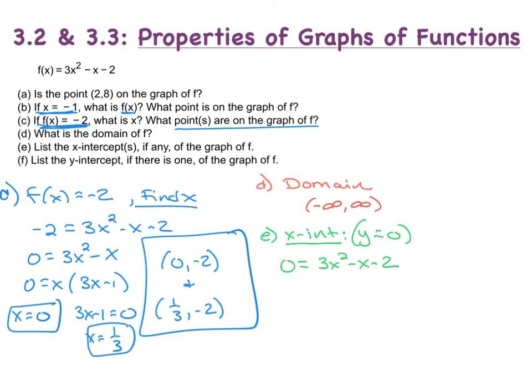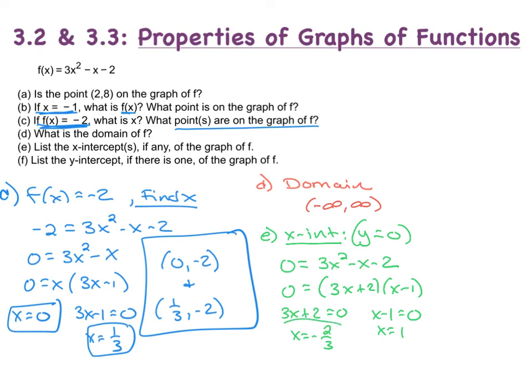Let's see, how do we solve that? I hope that factors. Yep, sure enough, this factors to 3x plus 2 and x minus 1. So we have 3x plus 2 equals 0, which would be x equals -2/3, and x minus 1 is 0, so x equals 1.